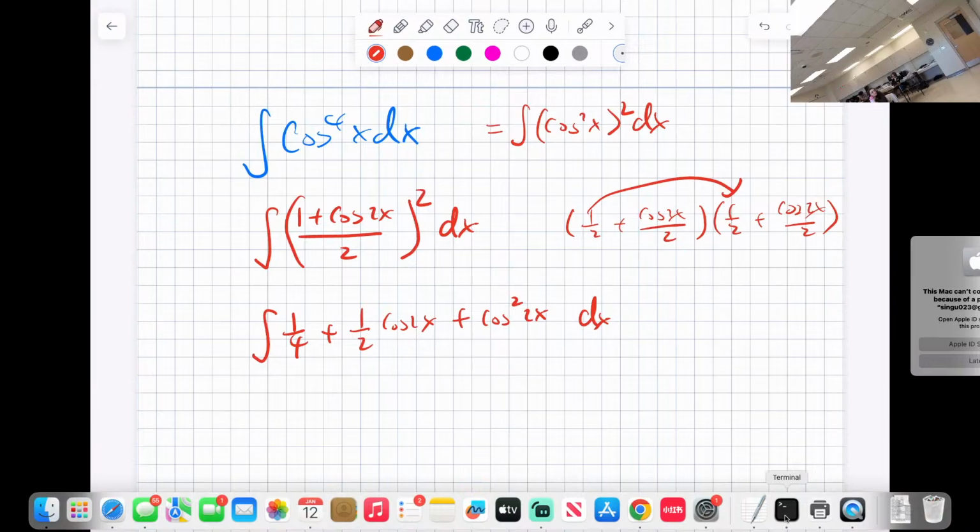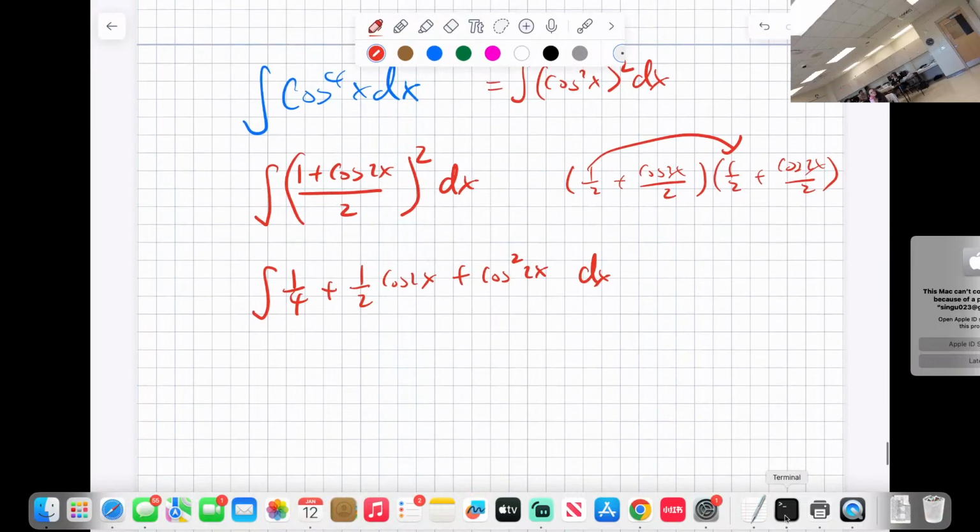Now be careful here. Here it is cosine squared of 2x.